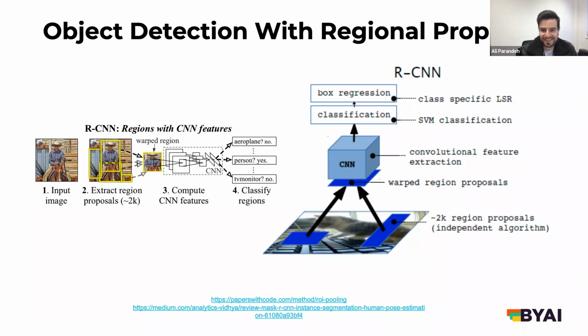No idea. Guess a number: 1, 2, 3, 4, 5. 25. 2K. No, models, not number of images, not number of proposals.